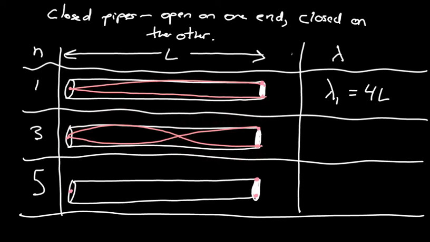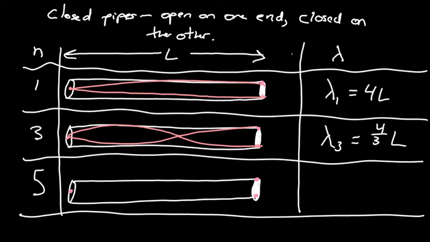That gives me 3/4 of a wave altogether. 3/4 of a wave fit into that space. Let's see, how much space would I need for a full wave then? Well, I guess I would need the length of this plus another 1/3 of that length. And so my third harmonic, I find that I would need 4/3 of that length in order to fit.